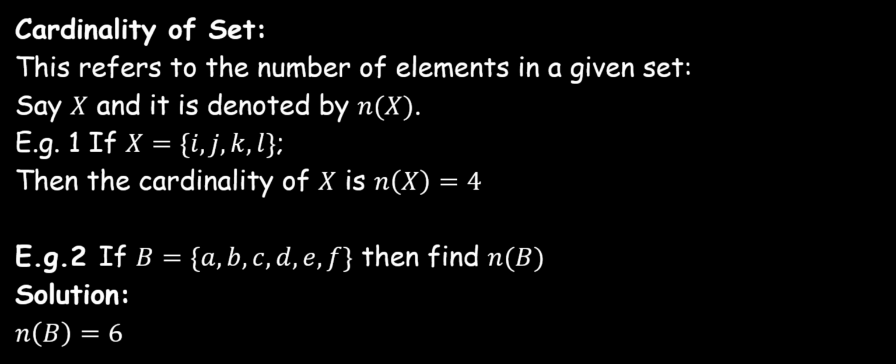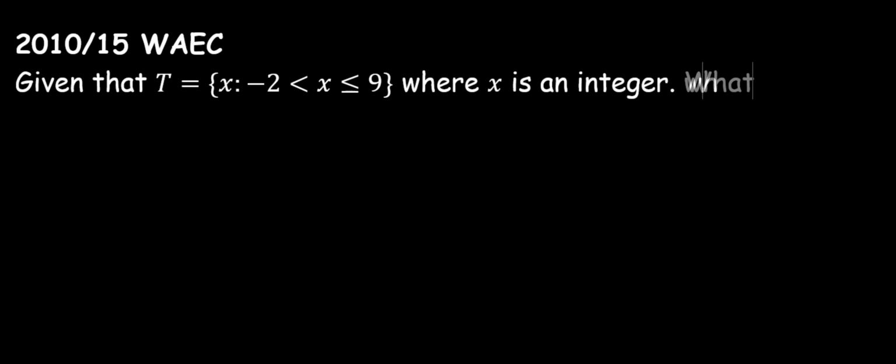Let's take another example. Given that T equals {S such that minus 2 is less than S, less than or equal to 9}, where S is an integer, what is n(T)? The options are given.